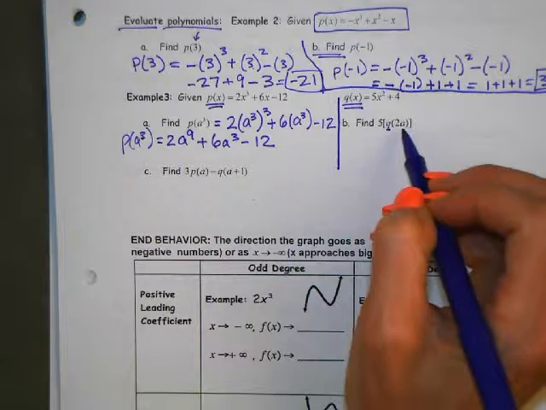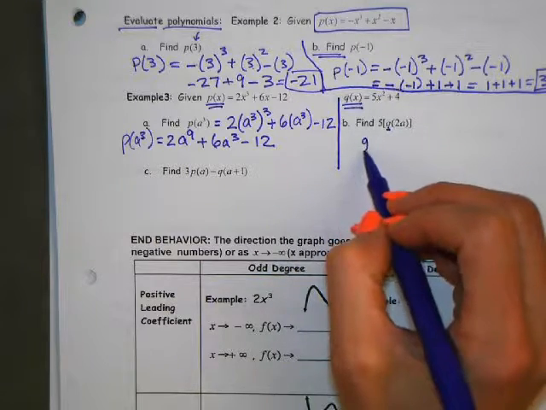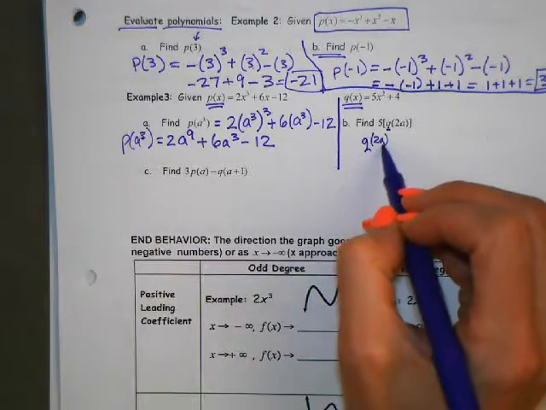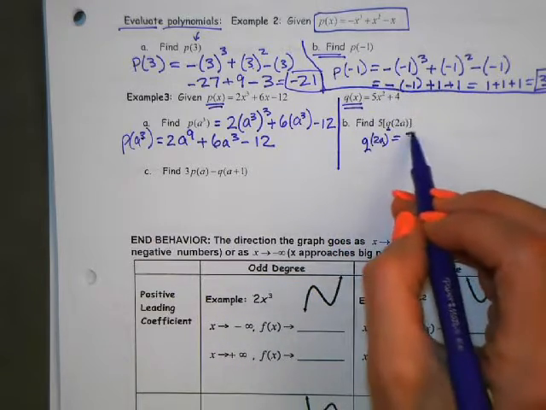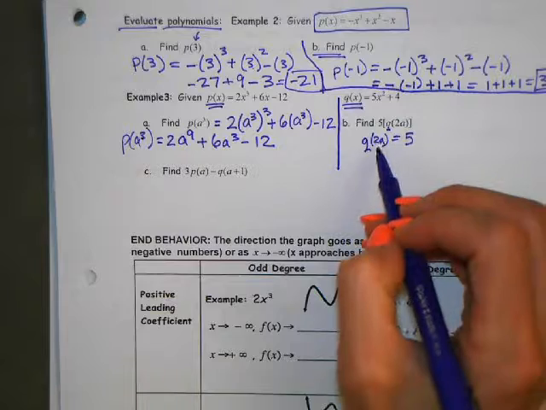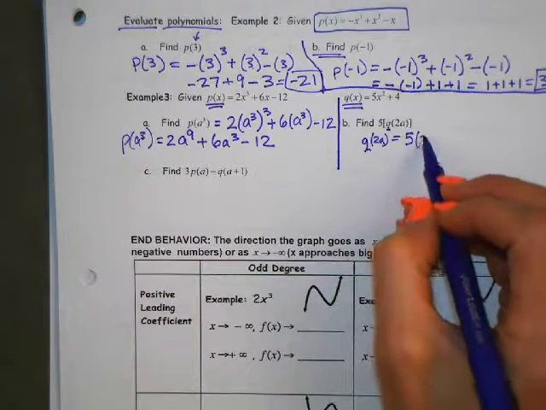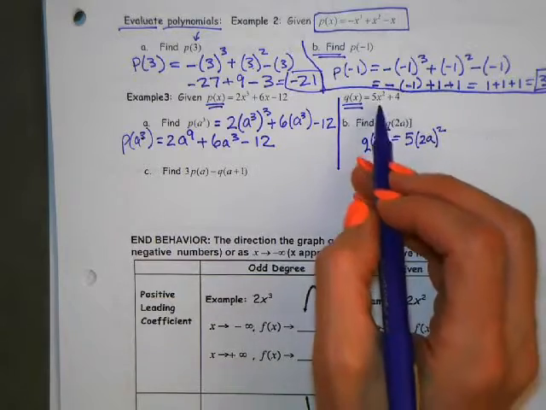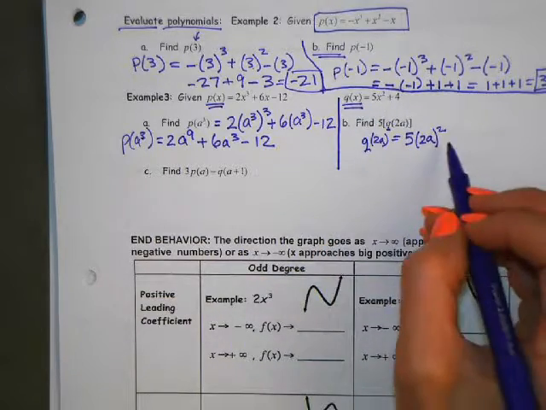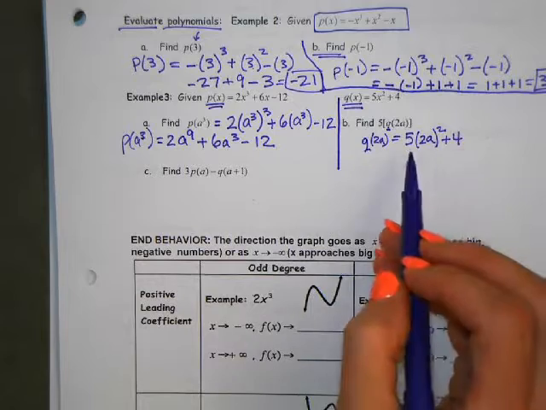Okay? So I'm going to do Q of 2A first. So Q of 2A is going to be, I take this function here, so I have 5. Where I have x, I'm going to replace it with 2a, and that's going to be squared, because it's 5x squared, so that 2a goes in there, and then plus 4. Okay?